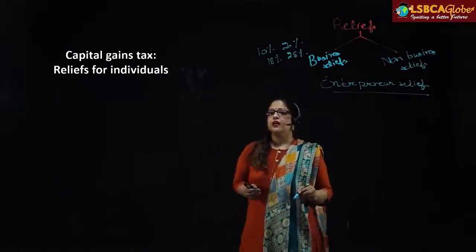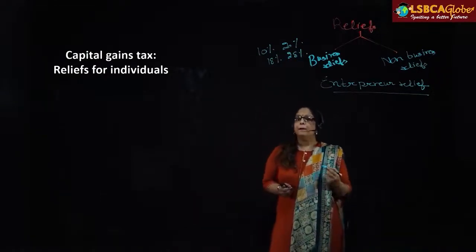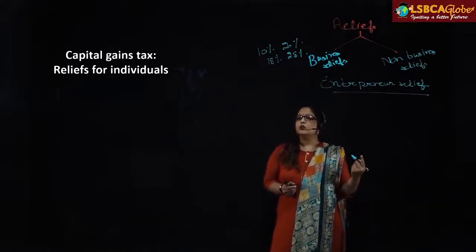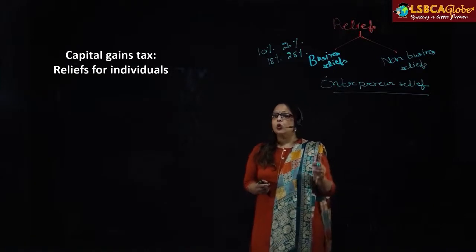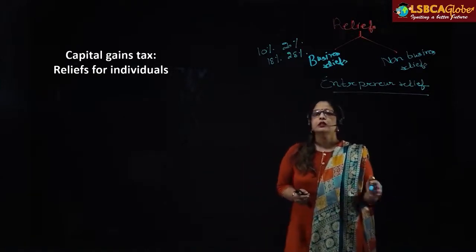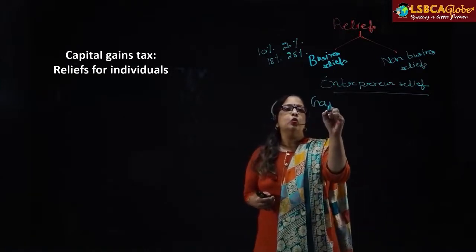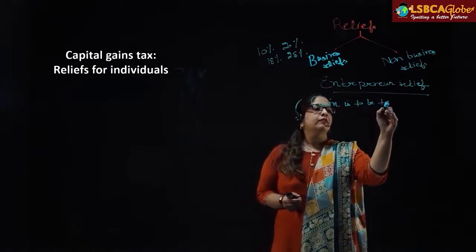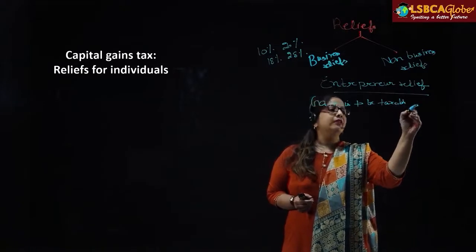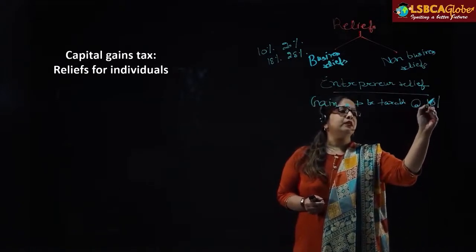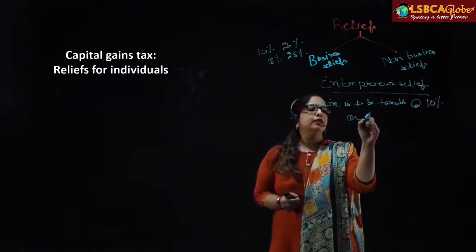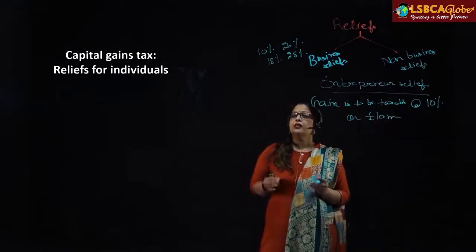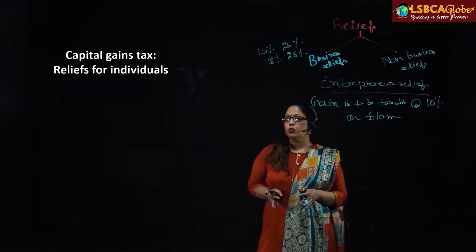Up till now, class, we have done this. But if certain qualifying disposals are there, then on those qualifying disposals, the gain is going to be taxable at the rate of 10% on 10 million. Basically, they are giving us the limit that there are certain qualifying disposals.